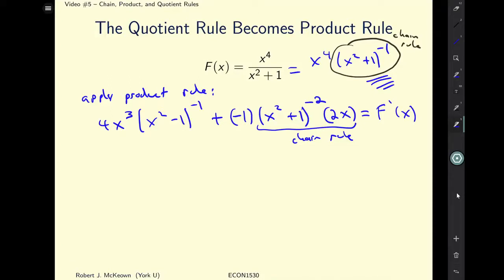And if I was going to simplify this, the only thing that I would really bother with is to do that.